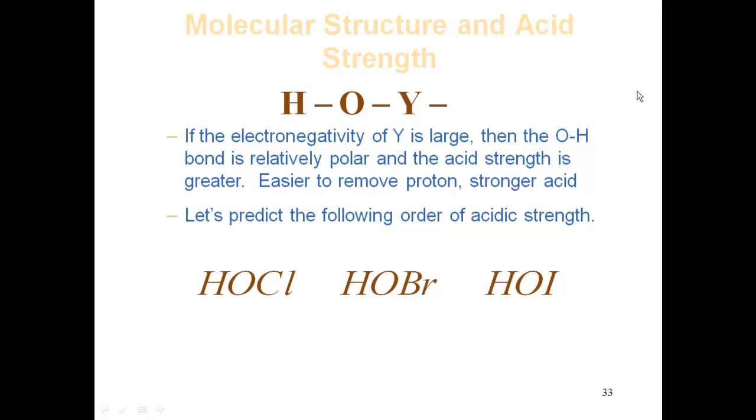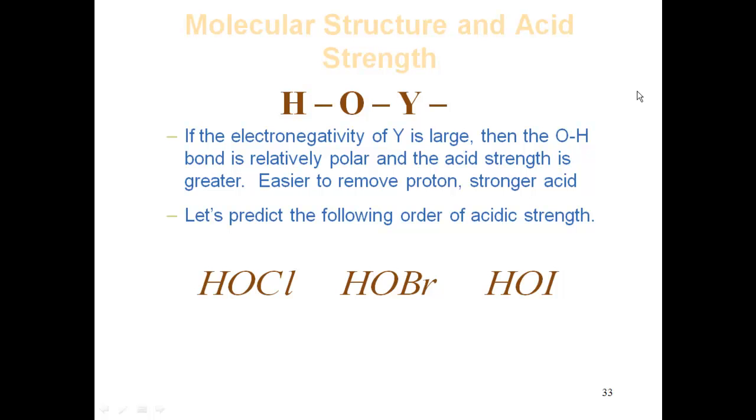Let's predict the following order of acid strength: HOI, HOBr, HOCl. We won't be looking at size, we'll be looking at electronegativity. Of these, which one has the most electronegative atom? The hydrogen is attached to that oxygen, so there's no difference in bond size.